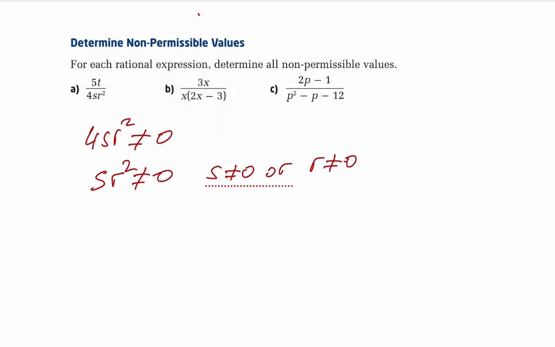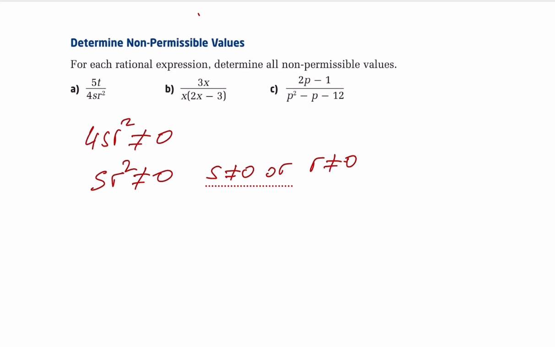For the second question, this one, the permissible value. You can see here, I can go ahead from the beginning and cross out my x, because I have it in the denominator and the numerator, so I can just cross it out. But no, I am not allowed to do that until I figure out what my non-permissible values are.